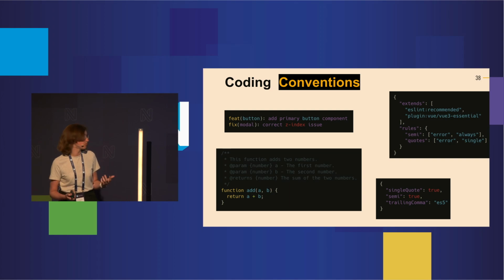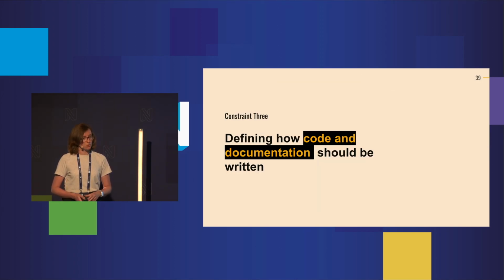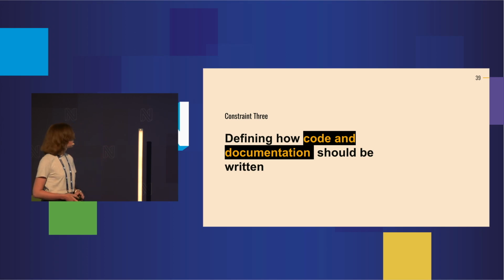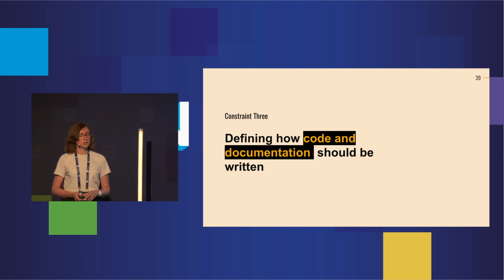And the formatting, of course, in ESLint is also very important, where you say, well, you cannot commit code if it's not properly formatted, or if it's against certain ESLint rules, you cannot commit to this code base and add new code. So that's very important, because the more developers you have, the more messy the code bases also get. So that's constraint number 3, defining how code and documentation should be written.